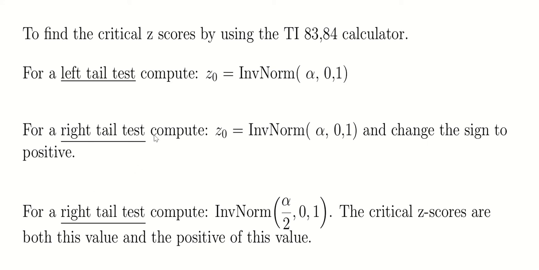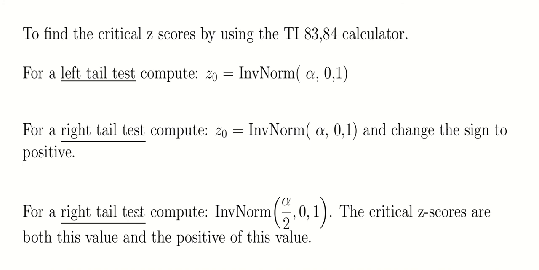If we have a right tail test, then we compute the critical z-score by doing the inverse norm again of alpha, 0, 1. But for a right tail test, you simply have to change the sign of this. In a right tail test, the critical z-score should be positive. So just take whatever you get from this calculation and change the sign. And lastly, this is a typo, but if you have a two-tail test, pay close attention.